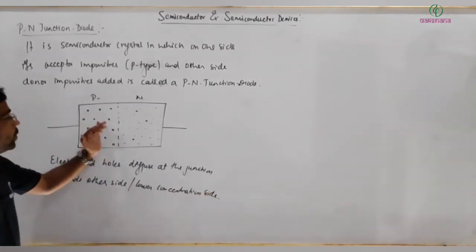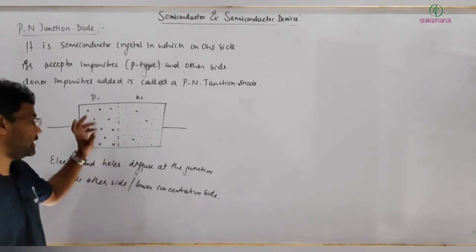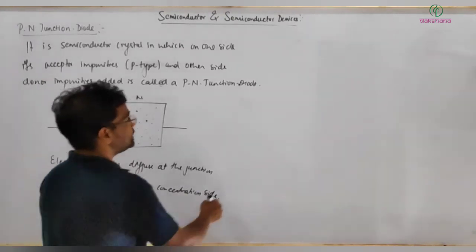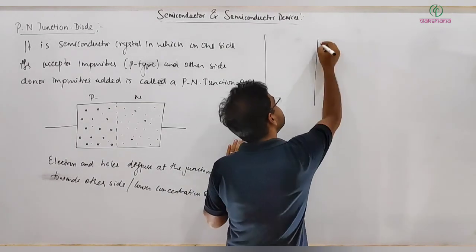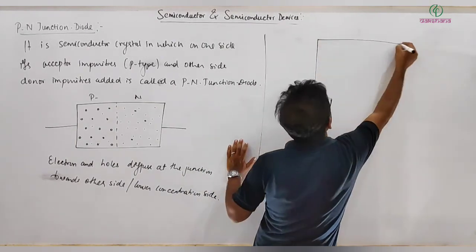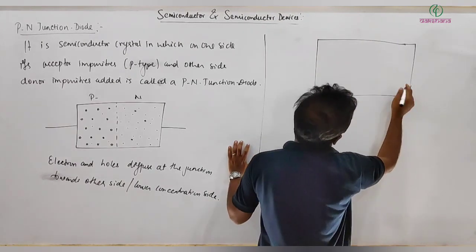So holes diffuse to the N side and electrons diffuse to the P side, and this will result in a situation. Try to understand it. So here finally we get a condition like this.